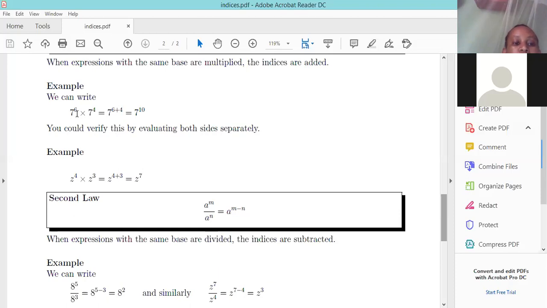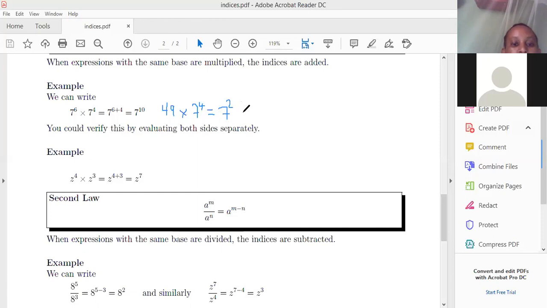For example, here we could have had, let's say, 49. What are we supposed to do? Assuming this was, say, 49 times, let's say, 7 to the power of 4. What do we do in this case? We are going to change our 49 to constitute the base of 7, so that we are now able to add the powers. I can write 7 to the power of 2 to mean the same value of 49.